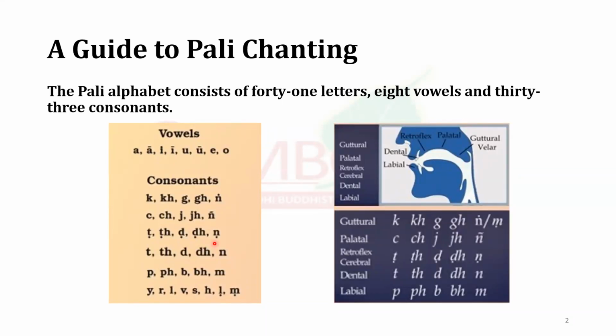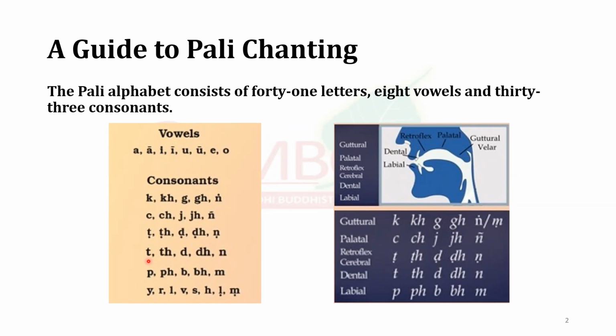Then you come to the next T. T with no dot is the normal T. T with a dot just now was the palatal T. This T is dental. That means your tongue will hit your front teeth.